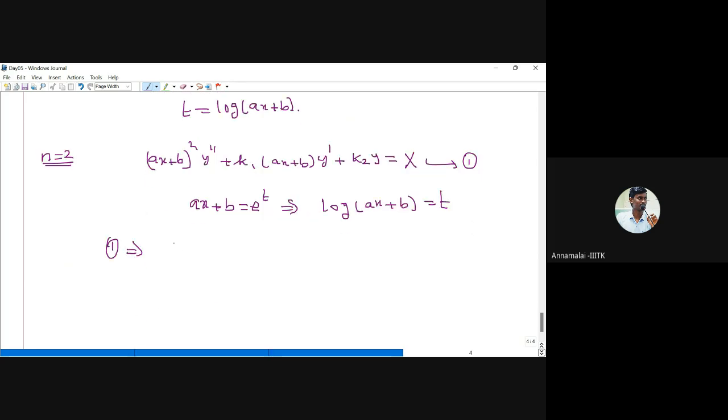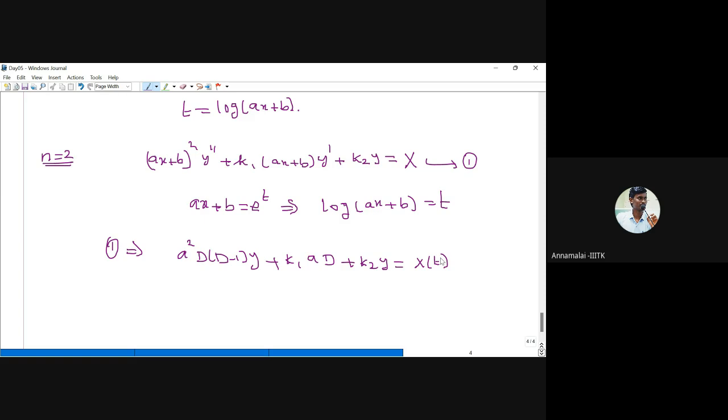The first term, (ax+b) squared times y double dash, simply reduces to a squared into D(D minus 1) into y, plus k1 times (ax+b) into y dash, which simply gives a into D, plus k2 into y, equal to some function of t, because everything becomes in terms of y and t.